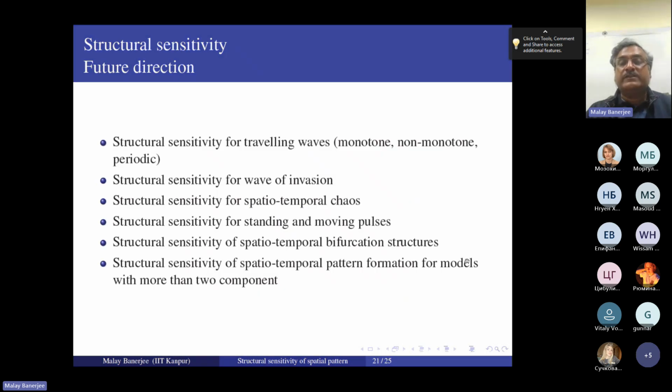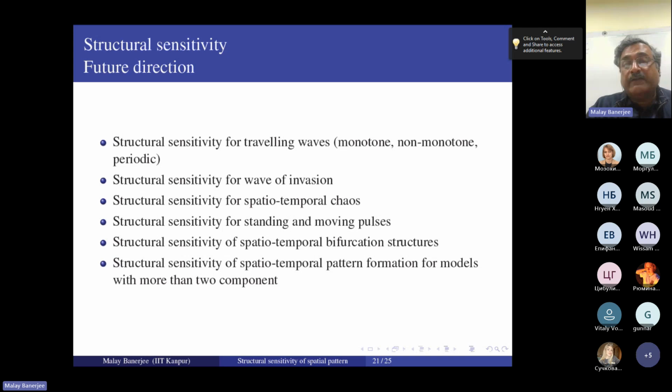But another interesting question that of course one can explore is how structural sensitivity affects other types of patterns like traveling waves, of 3 different types: wave of invasion, as well as standing and moving pulses. And also another branch of open questions remains: how the spatiotemporal bifurcation structure and also spatiotemporal pattern formation behave for models with more than 2 components.